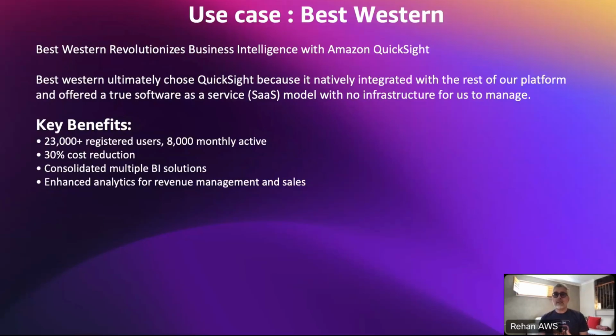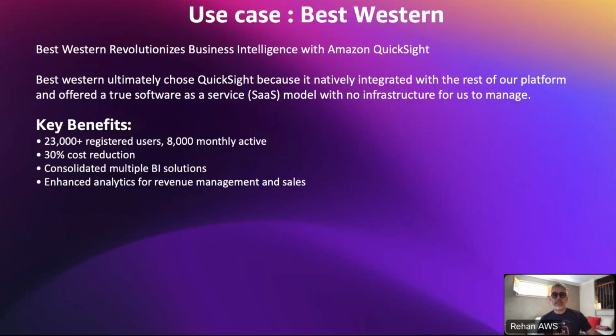They consolidated multiple BI solutions. We know that a lot of companies use different tools for their BI needs. What QuickSight offers is a consolidated solution that provides reports, paginated reports, interactive dashboards, as well as portals that you can build and embed in your applications. They also got enhanced analytics for revenue management and sales.